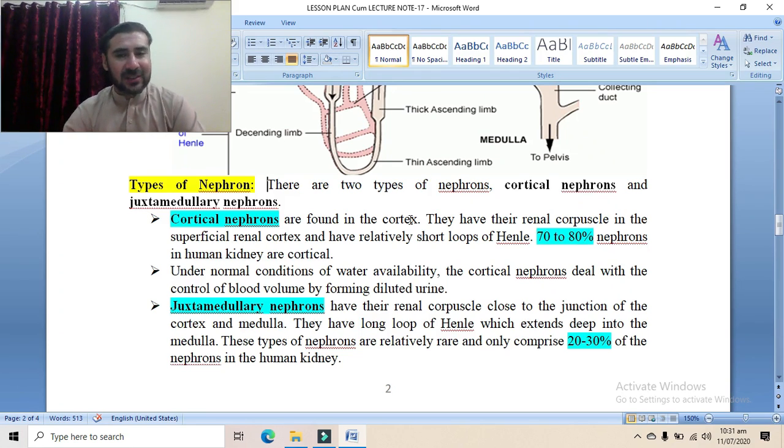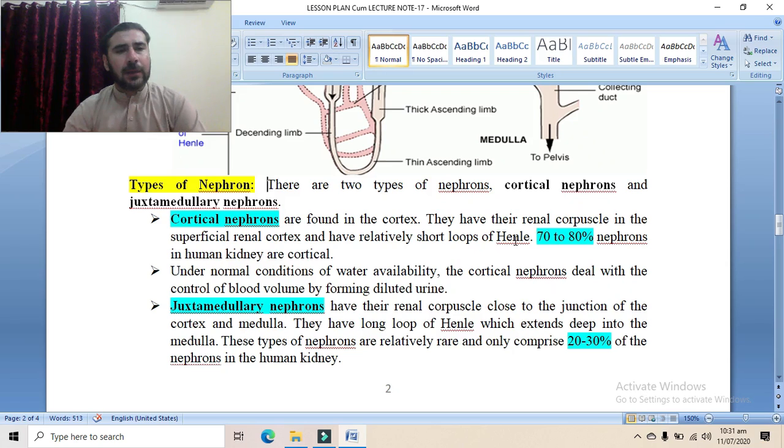This is the outer region of the kidney, and they have their renal corpuscle in the superficial renal cortex region. So they have their renal corpuscle in the renal cortex region, and they have a relatively short loop of Henle.